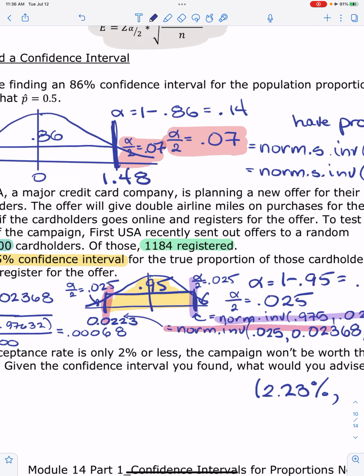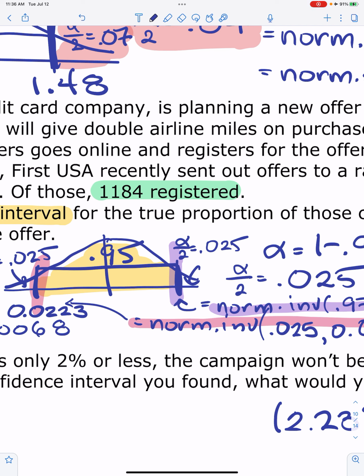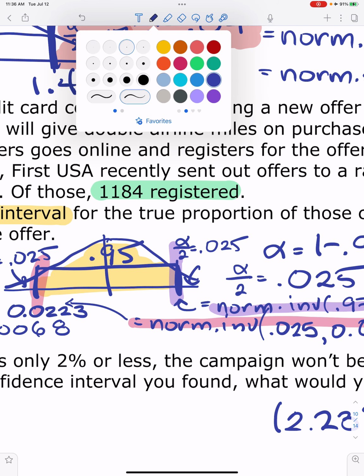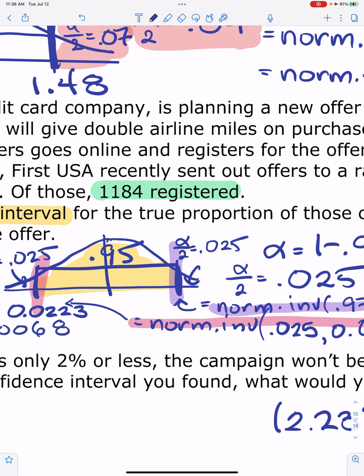When I plug that in to Excel, I get a value of 0.0250. It's nice that I've made that super easy to read.